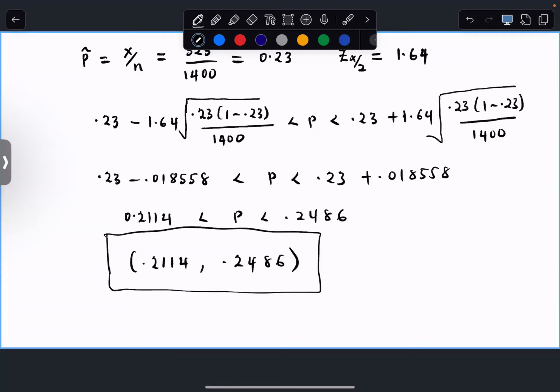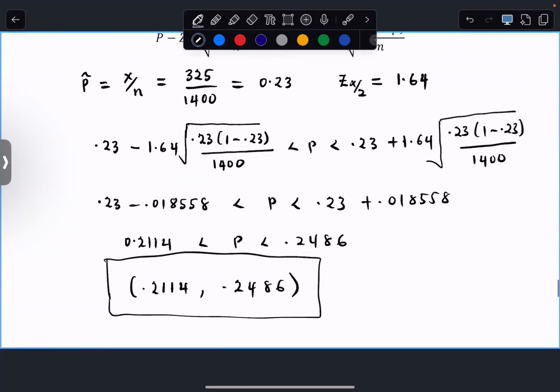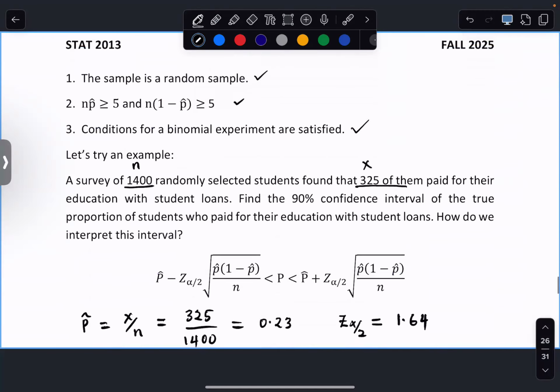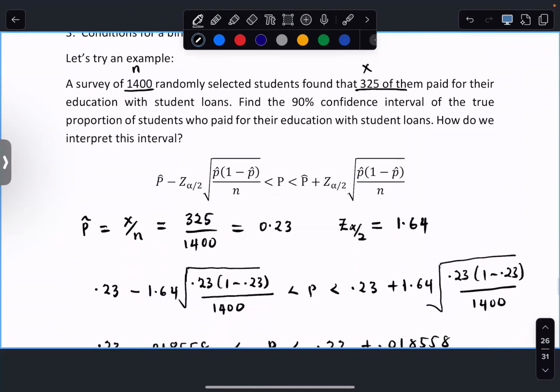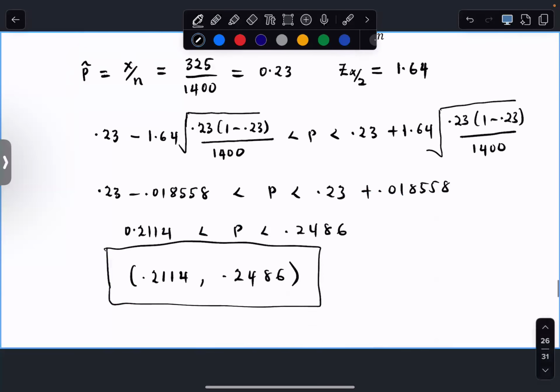So who wants to interpret this confidence interval for us using what we have in the problem? Yes. You're 90% confident that between 21.4 and 24.9% of students paid with student loans.